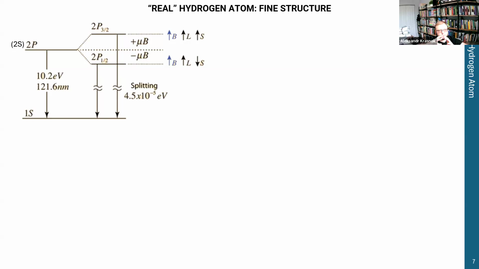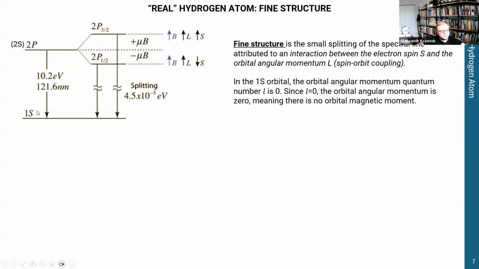Instead of just one upper state 2P, we get a splitting into two states. And we call this splitting fine structure or fine splitting. Why does the S state not split?